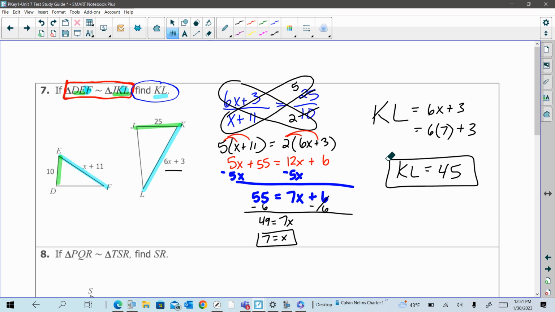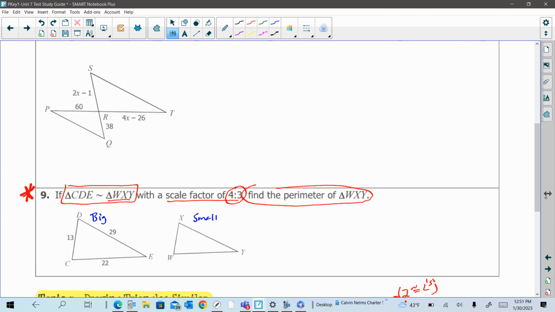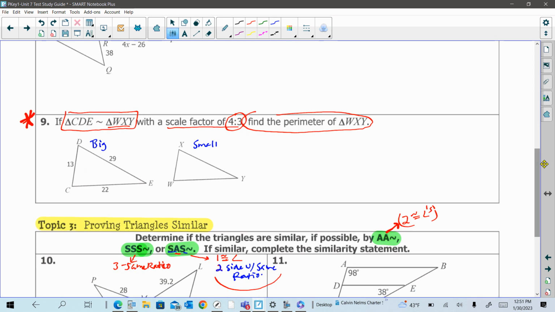All right, now a star number 9, just because it's a perimeter problem with a scale factor. You still want to use your similarity statement. We still want to use the scale factor, which is 4/3. 4/3 is a big number to a smaller number in the perimeter of WXY.